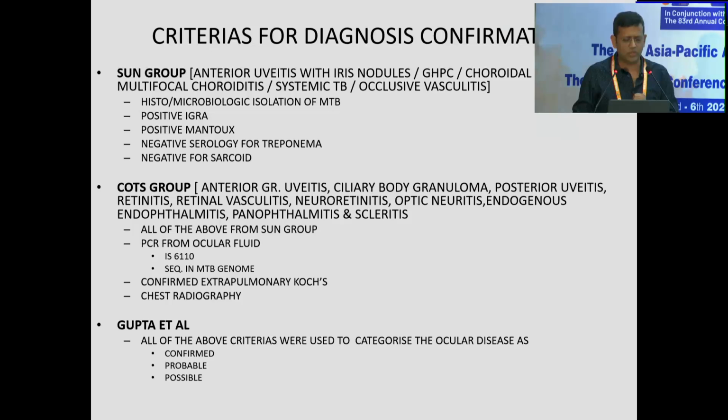Histopathologic isolation, positive IGRA, Mantoux test, serology that rules out other infective etiologies, and also to rule out sarcoidosis, because sarcoidosis is the closest differential diagnosis to tubercular uveitis. Chest radiography, and of course to try to confirm extrapulmonary TB.